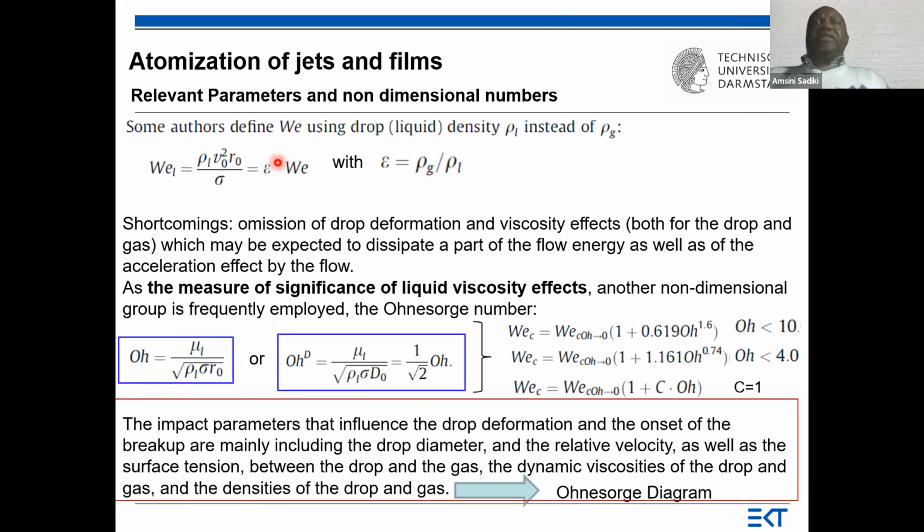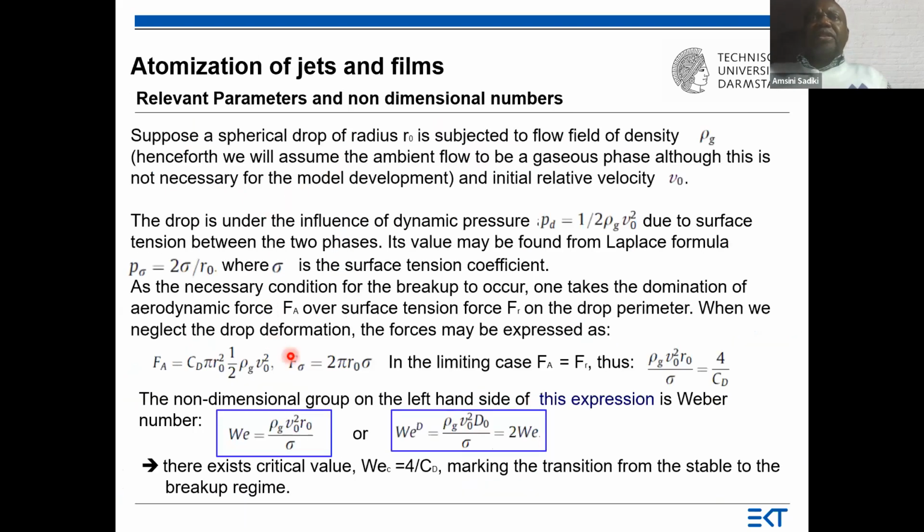It is this quantity. We say that this is obtained without consideration of droplet deformation.